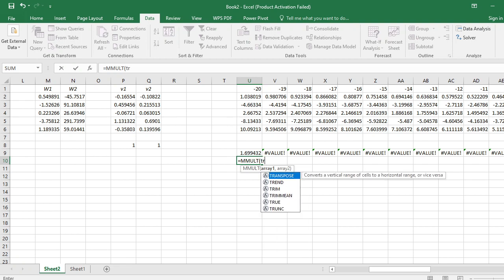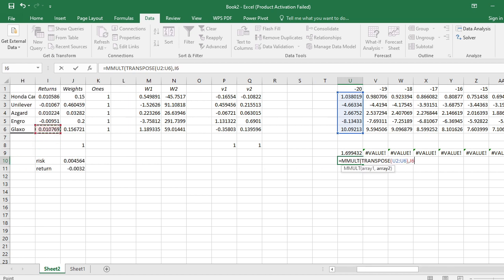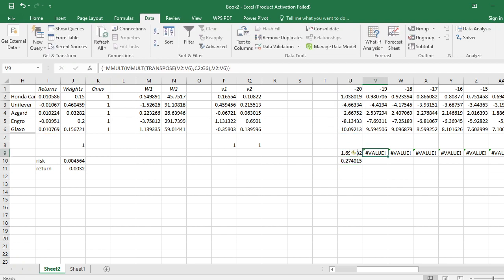Actually, you don't want that transpose. Original returns. What's the problem with this? Actually, I didn't lock these cells.